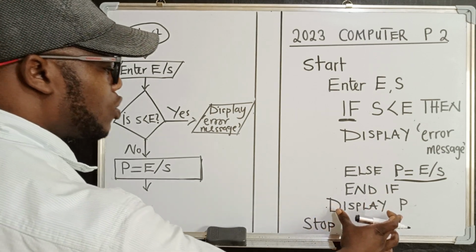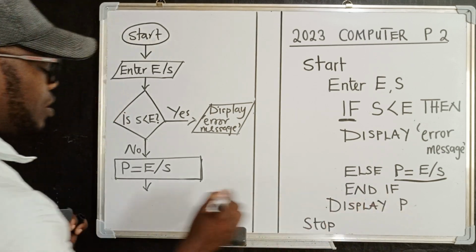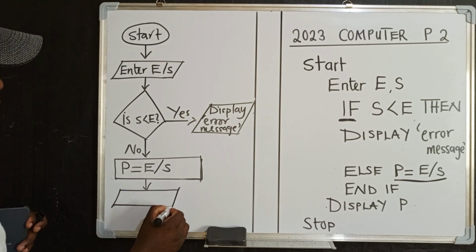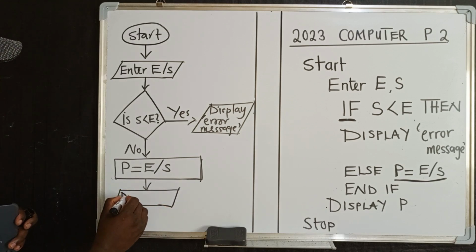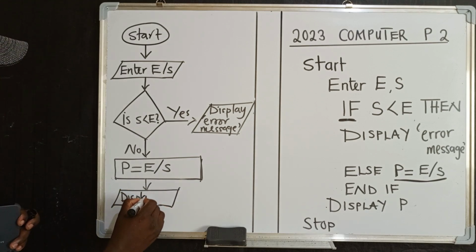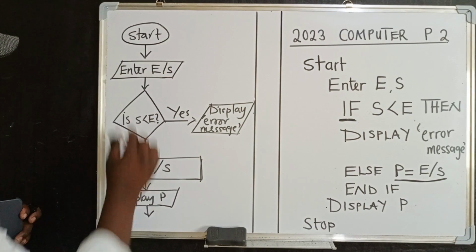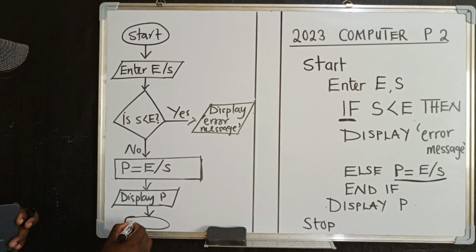We're almost finishing. So we'll skip end if. We'll come to display. So for display or enter, we said it's parallelogram. So here we're going to say display P. And lastly, we say stop. For stop, it's an oval shape, like start. So we say stop.